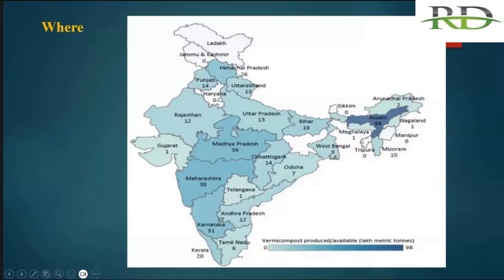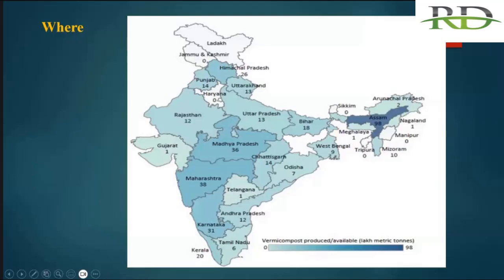Assam gave 98 lakh metric tons per annum of vermicompost, followed by Maharashtra and Madhya Pradesh, then Karnataka. These states have the highest levels of production compared to other states. Some states like Ladakh, Jammu and Kashmir, Haryana, Jharkhand, some parts of Meghalaya, Mizoram and some northern states are not producing any vermicompost. But among the states, Assam is the leading producer.